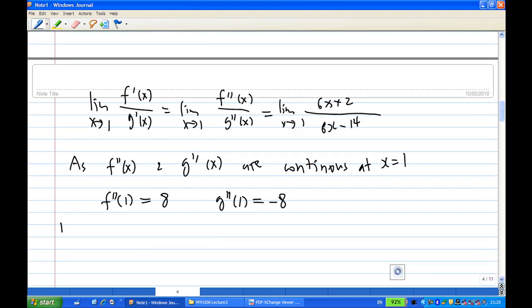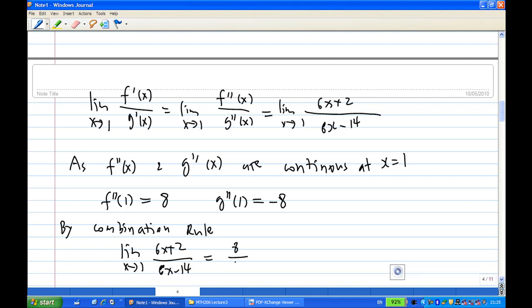Therefore, by the combination rule or continuity of f double prime and g double prime, the limit as x goes to 1 of 6x plus 2 over 6x minus 14 is equal to 8 over minus 8, which is minus 1.